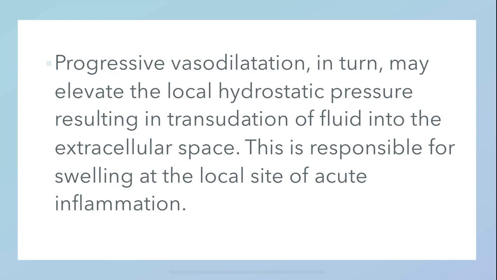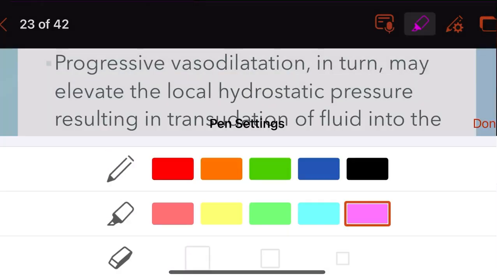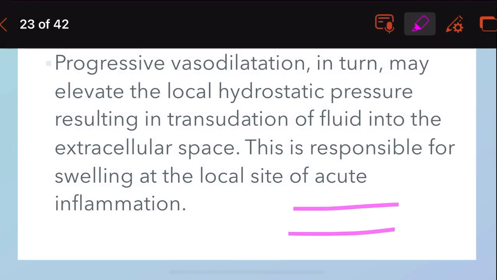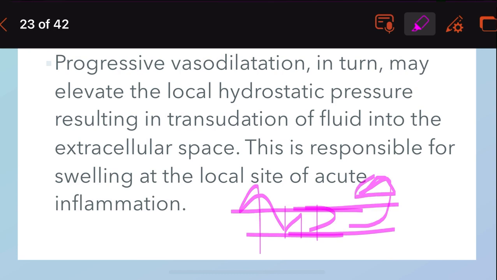Because of the increased vasodilation, the hydrostatic pressure is going to increase, resulting in the transudation of fluid into the extracellular space. So this is the blood vessel. Then the blood flow is increasing, so the hydrostatic pressure increases. Because of this, there is transudation of the fluid. This fluid will transudate into the extracellular space, that is nothing but the interstitial tissues.